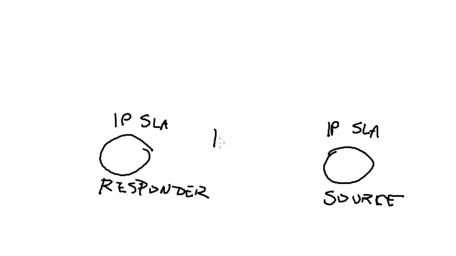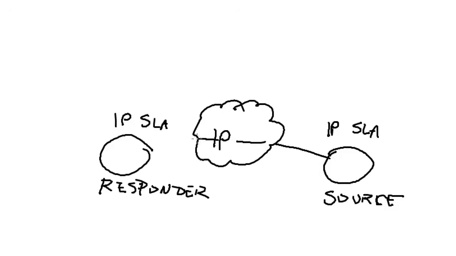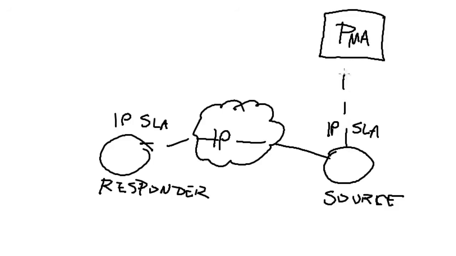After the destination device receives the packet, depending on the type of IP SLA operation, it responds with the timestamp information for the source to make the calculation on performance metrics. It then can communicate with a performance management application via SNMP to provide real-time analysis of the network.